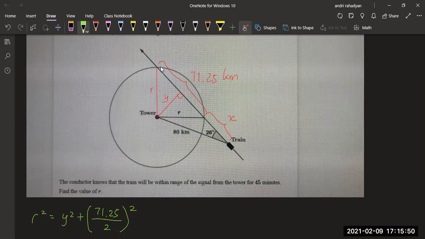Because this triangle is isosceles, with sides R and R. So the height is on the midpoint of this line.